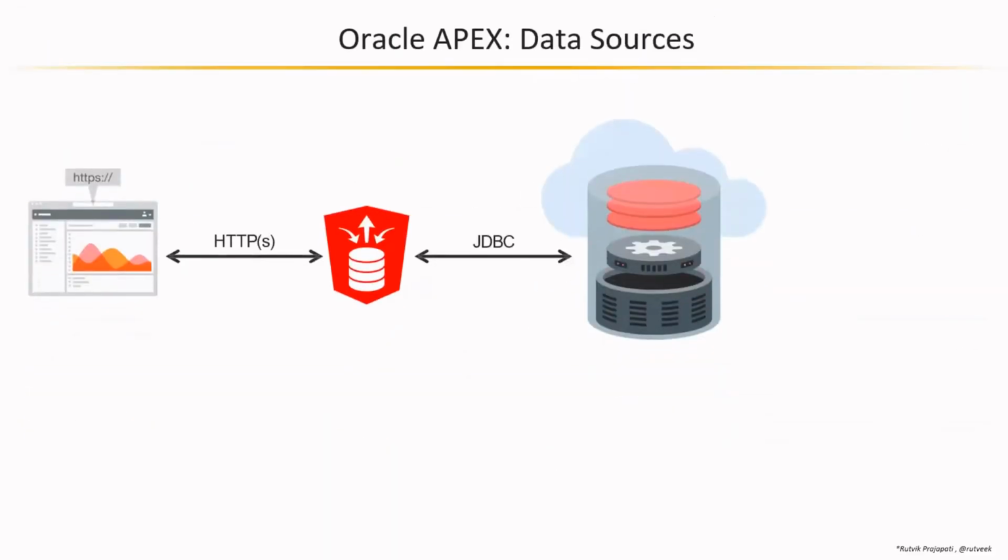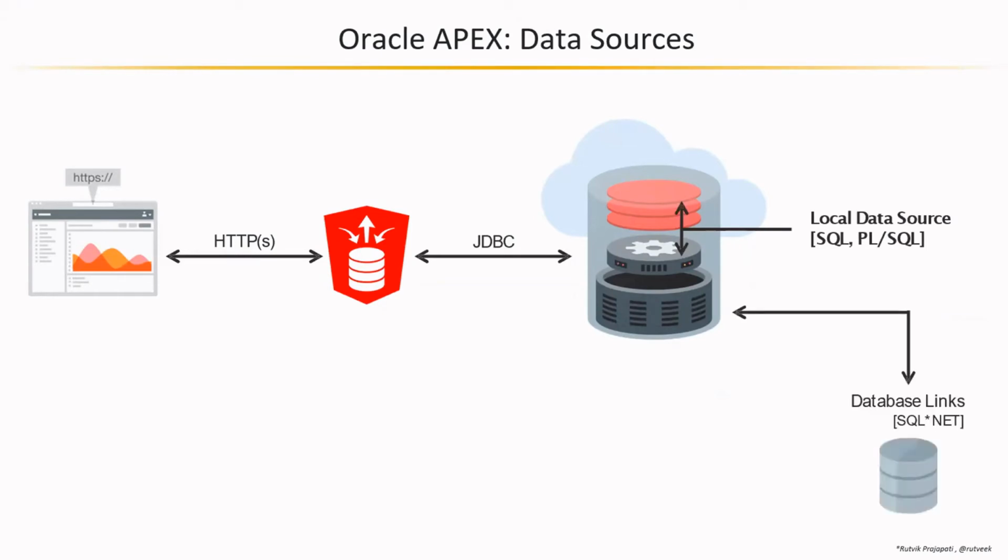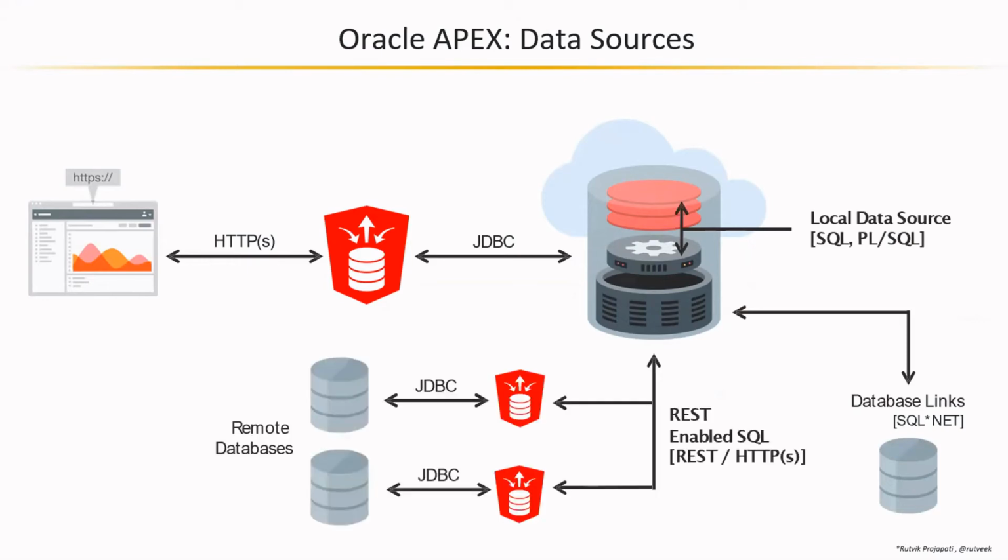And now let's see the different kinds of data sources. As I told you earlier, most of the time we use a local data source with our Oracle Apex application, that is, our data and Apex are both in the same database. But sometimes we also need to access data from a remote enterprise database, and we can do that using a database link, and also using REST enabled SQL, which is a feature of ORDS.